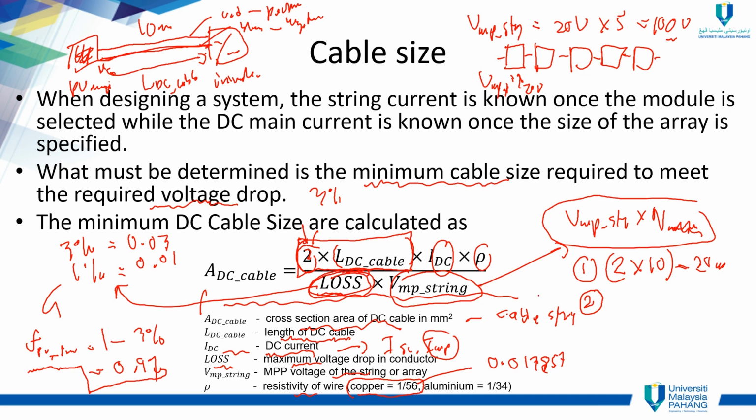So at that time, 30 meters is going to replace these two items. Not 2 multiplied with 10, not 2 multiplied with 30, but only 30. Only 30, without 2. Boleh faham tak?